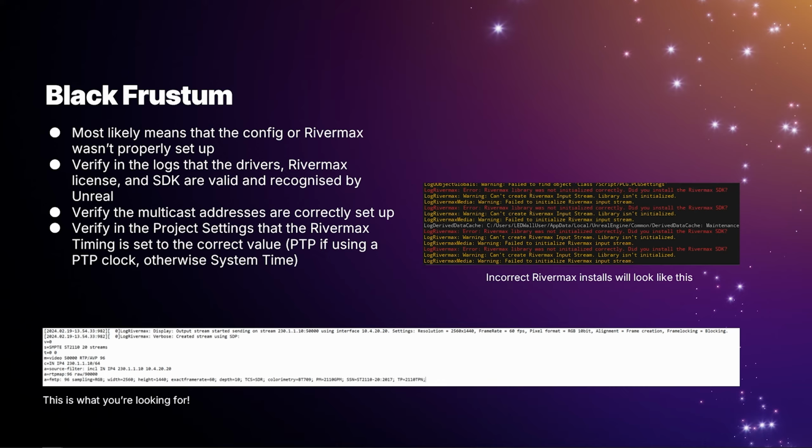So double check that you have it set to PTP if you're using it, or set to system time if you're not. The bottom log in the white box is what you want to see: the stream started successfully and has all the information about resolution and color and all that. So that's what you want to get.